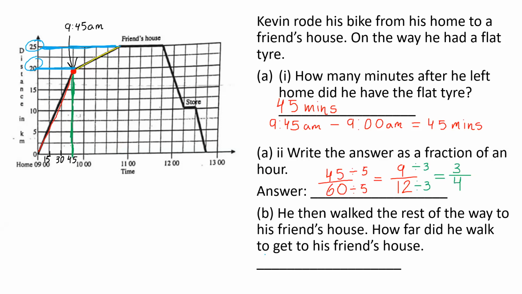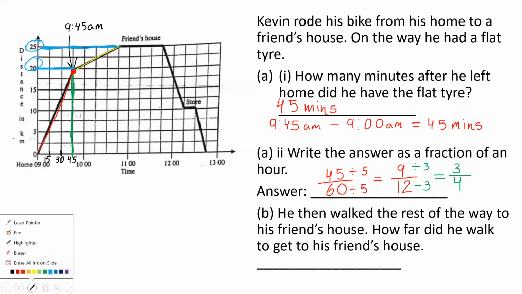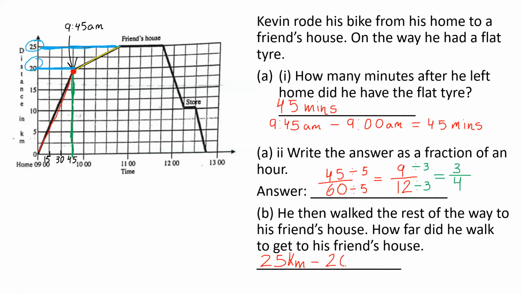So the answer is going to be what? 25 kilometers minus 20 kilometers. And what is 25 km minus 20 km? That's going to be what? 5 kilometers. Very good.